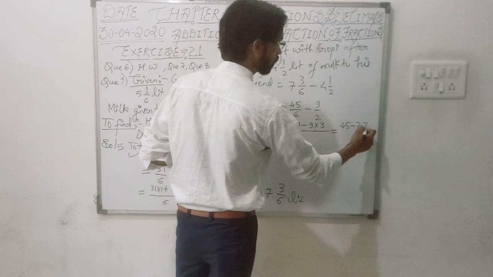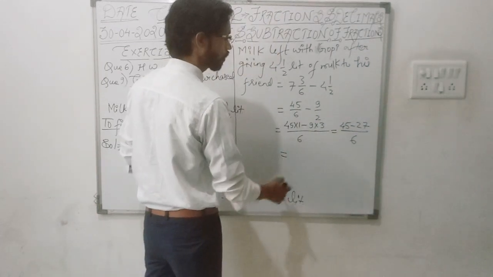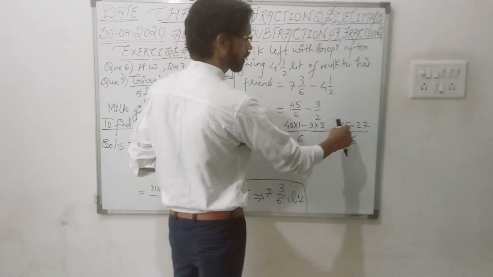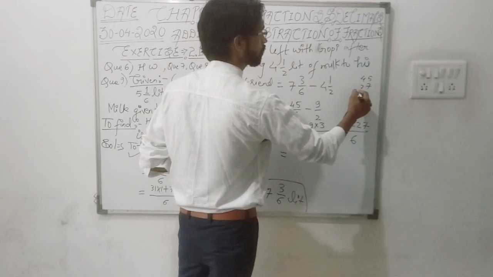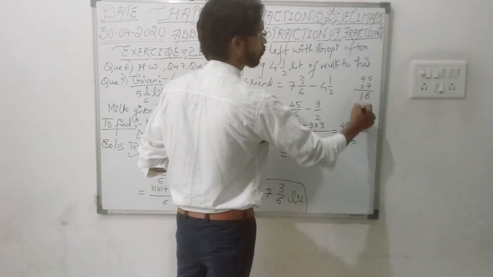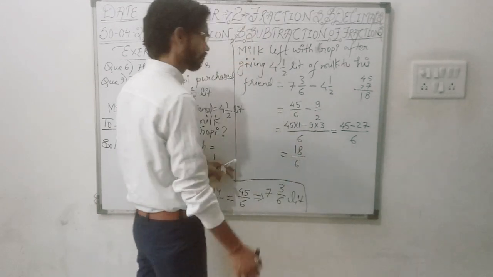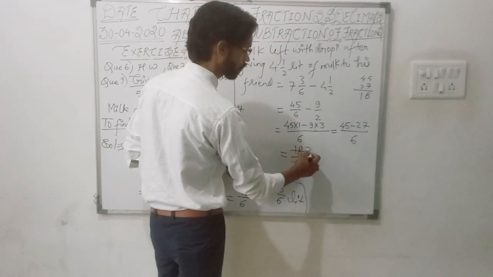minus 27 by 6. When we calculate this, what will we get? 45 minus 27. Let us subtract here. This will be 18, that means 18 by 6. When we simplify this, 6 ones are 6, 6 threes are 18.